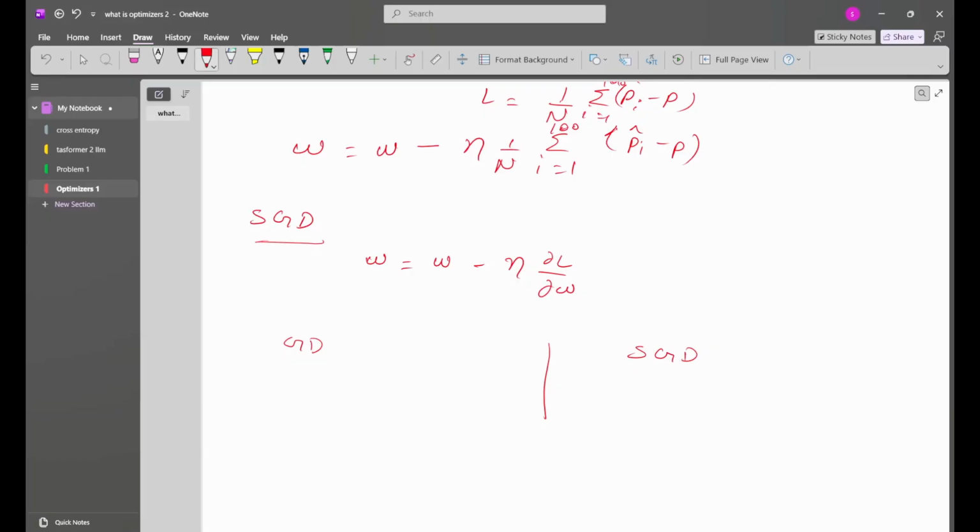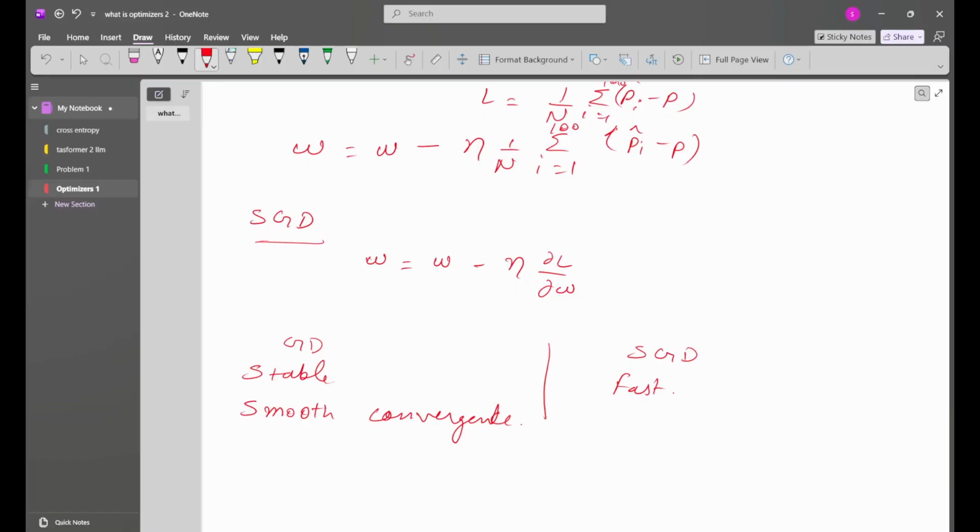The pros of gradient descent are that it is stable, with smooth convergence. The pros of SGD are that it is fast. Why fast? Because every time we update weights, in the next pass our prediction will be better and loss will be less.